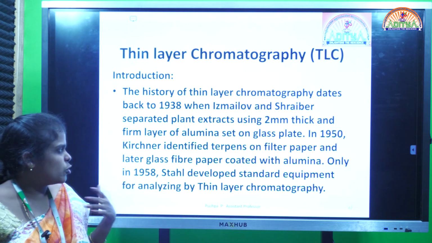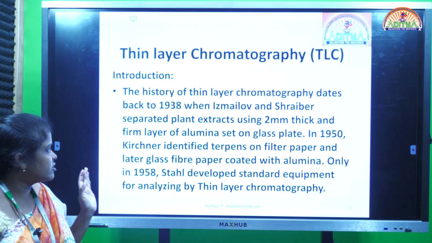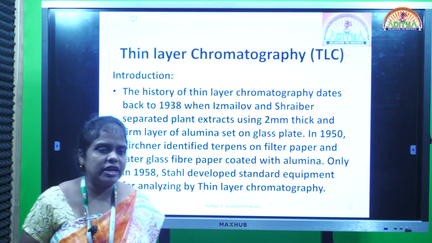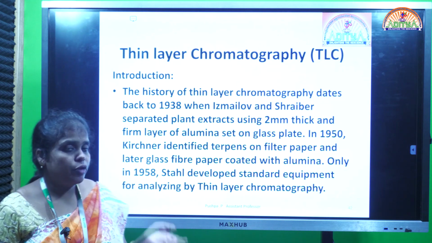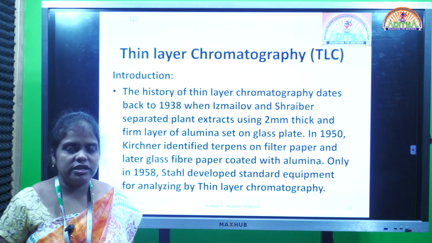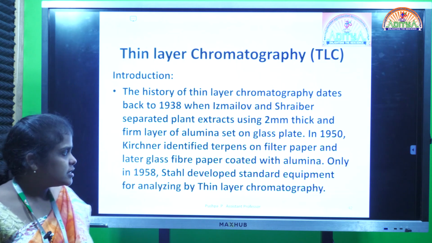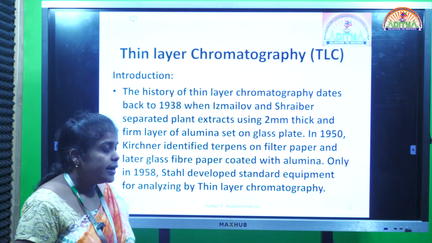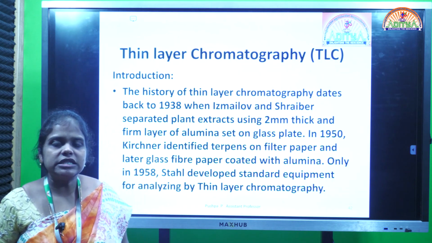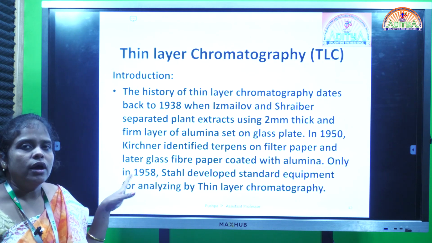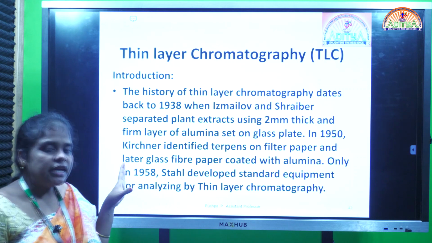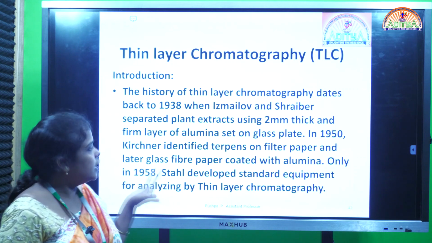After that, many scientists like Kirchner also identified many compounds by using alumina-coated paper or glass. But finally one scientist called Stahl developed standard equipment. From him onwards, after he discovered the standard equipment, he introduced the name thin layer chromatography.